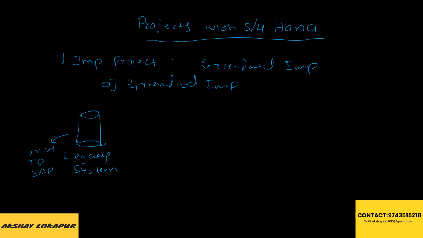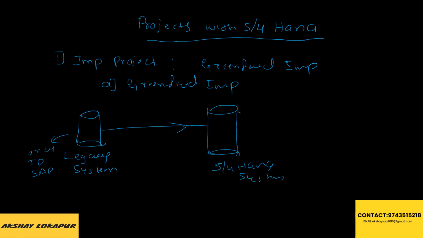That old system is in use before implementation, and you need to convert it to an S4 HANA system. Freshly, you need to do the implementation. This is the S4 HANA system.